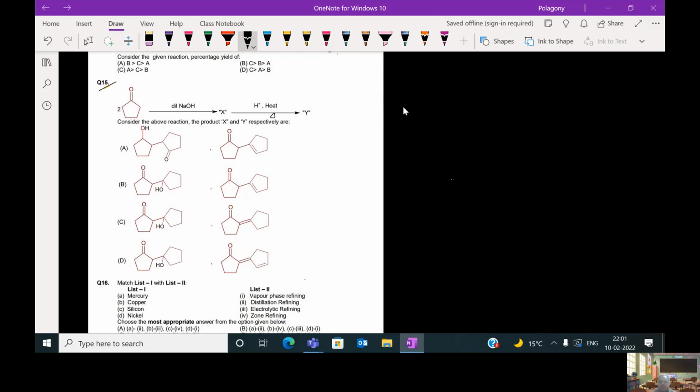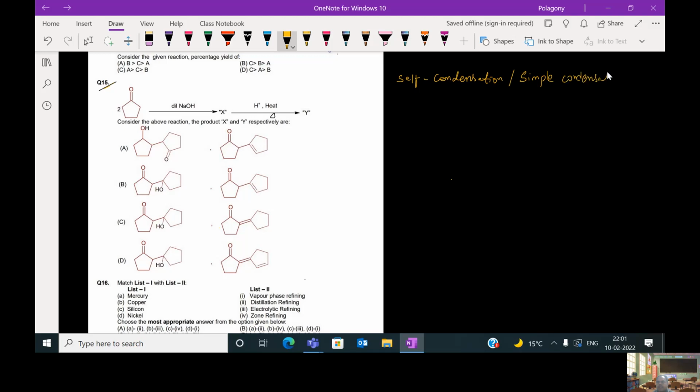First of all, this question is taken from carbonyl compounds, and the functional group present in the reactant is a ketone. That means a carbonyl compound is subjected to hydrolysis in base. So this is a self-condensation, or simple condensation reaction.